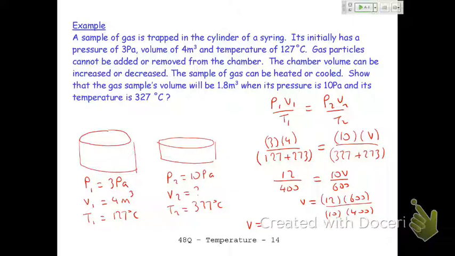V is equal to 7200 over 4,000, which equals something like 9, 8, no, 1.8. I'll get there in the end. 1.8 cubic meters. Cool.